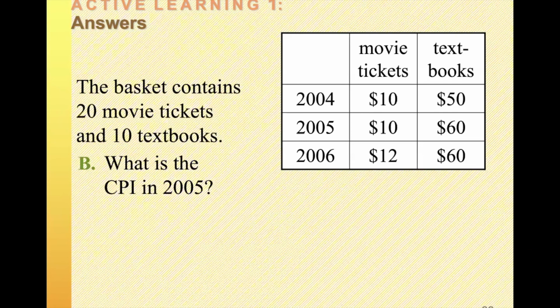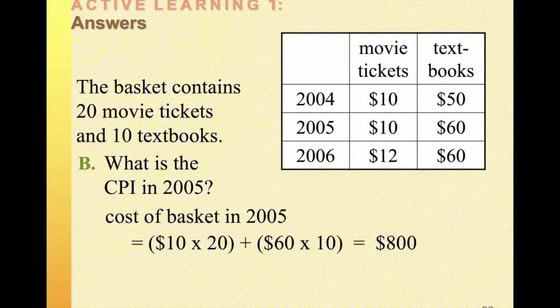Second, what is the CPI in the second year? We have to calculate the cost of the basket in 2005, which is 800, because the price of the book changed, but the price of the movie ticket did not change. And in the third year, the price of the ticket changed, but the book did not change, right?